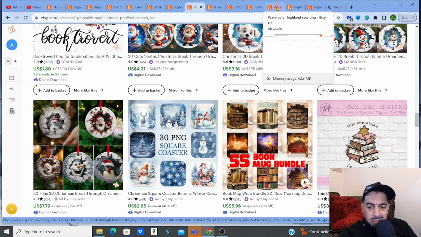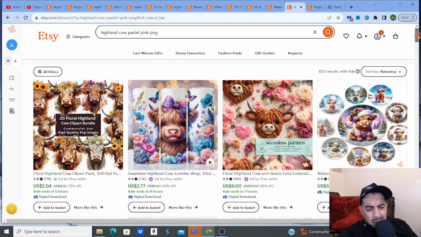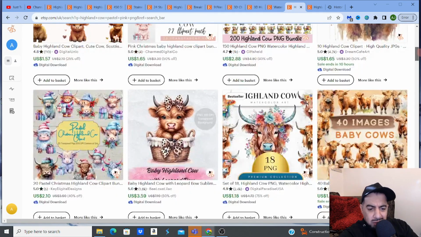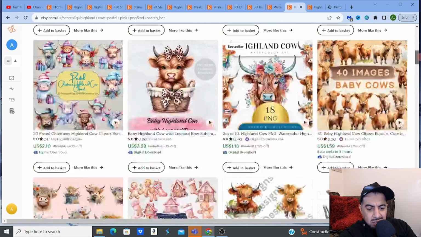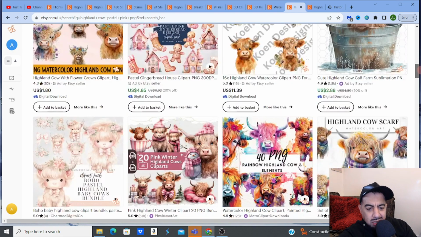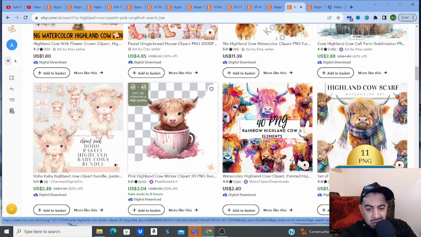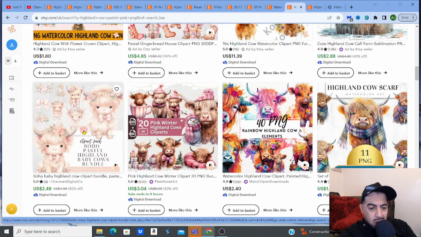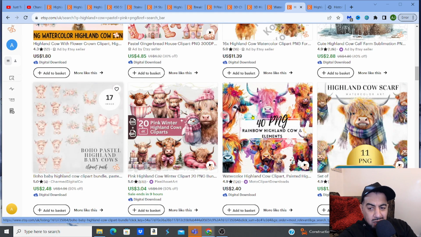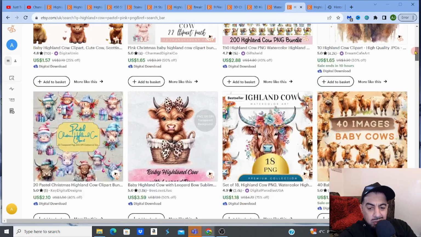And then we can look at the pastel pink style. This pastel style has been growing quite a lot. Again, you can see these 20 pink Highland Cows, or this boho style pastel Highland Cows, which was also quite popular and something people do search for.